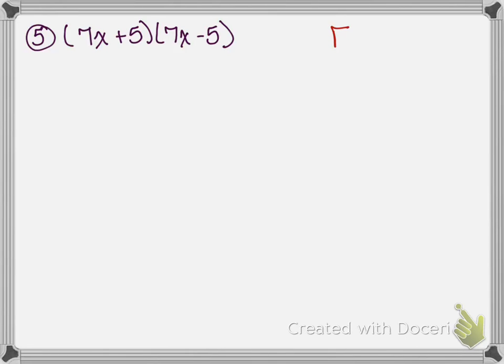So I am still going to FOIL, and if you don't identify that as a difference of perfect squares, it's not a big deal. You'll realize it as soon as your middle terms cancel. So when you are multiplying, you do not have to be able to identify it as difference of perfect squares. It's not necessary. So here I'm going to do 7x times 7x.